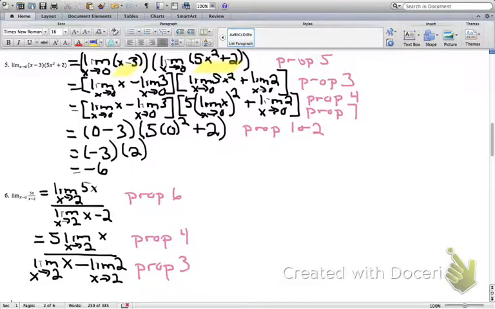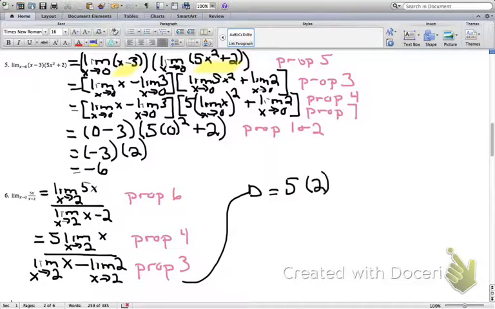And now we can go ahead and use property 2 for our numerator, and below we will use property 2 and 1.